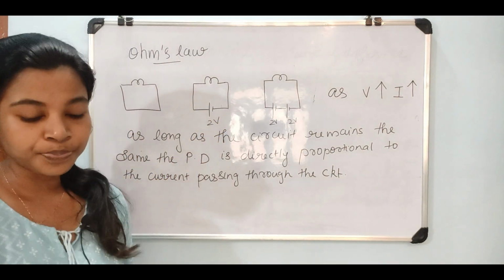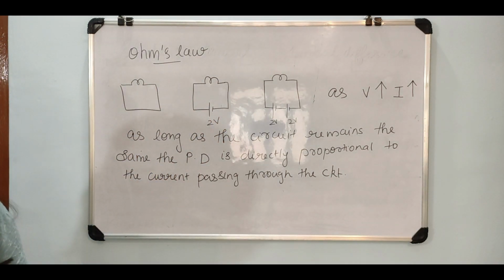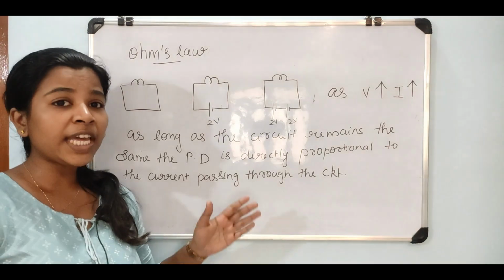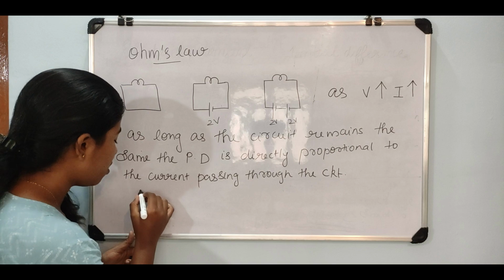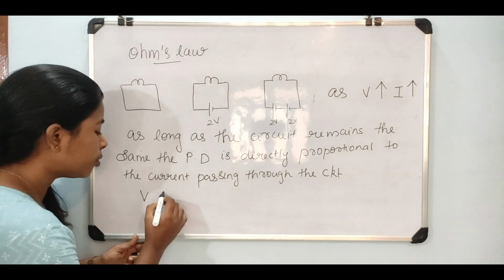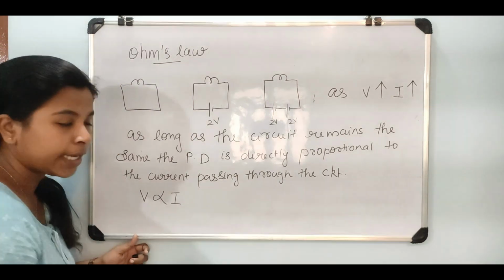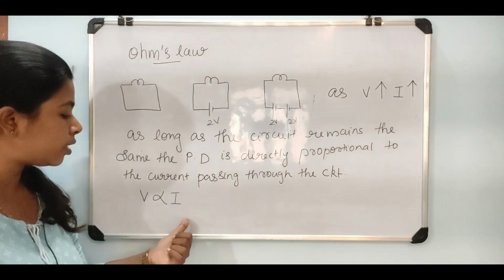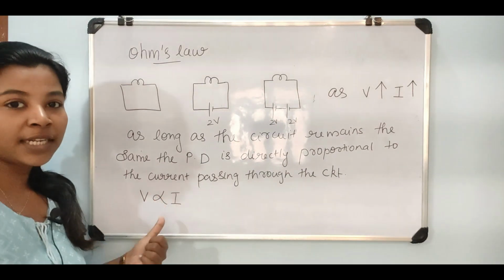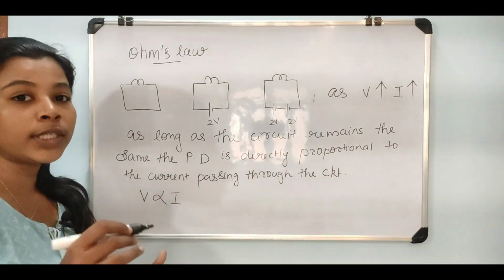Followed. So we can represent this in the form of a formula. V is proportional to what? I. The potential difference, voltage, is proportional to the current. To change this proportionality symbol, we will use a constant.